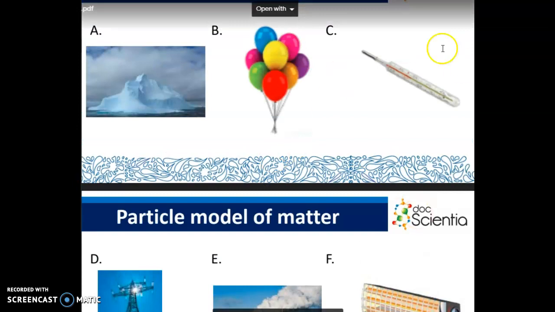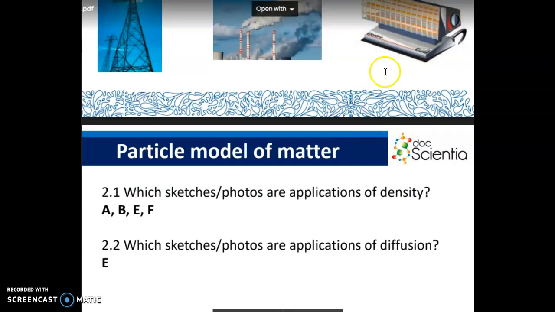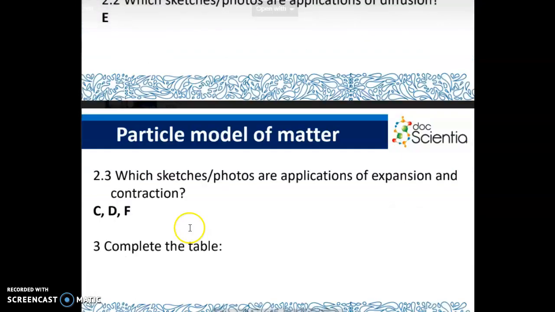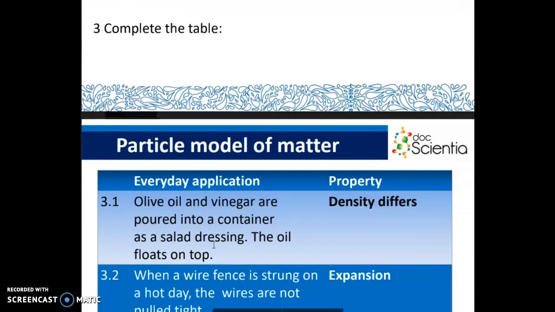That would be C and F, because it's heat, and D. Complete the table.